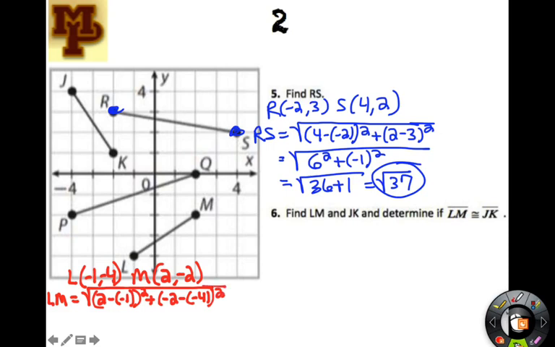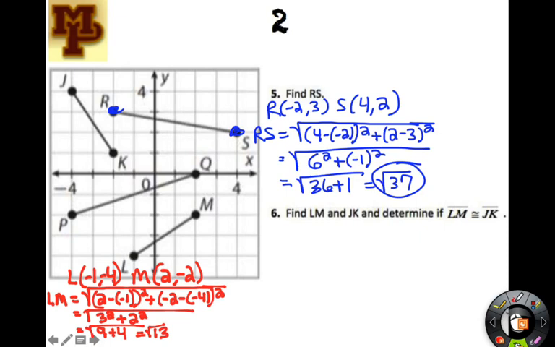So 2 minus a -1 is actually 3 squared, and then -2 minus a negative, that's actually -2 plus 4, so that is 2 squared. So this is going to be equal to the square root of 9 plus 4, which is the square root of 13. So let's try to find the other length now.